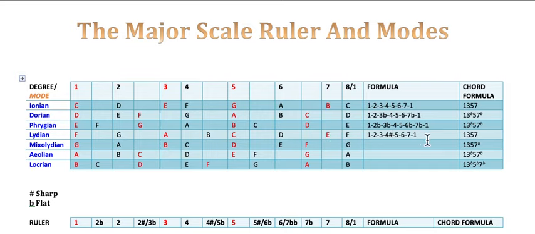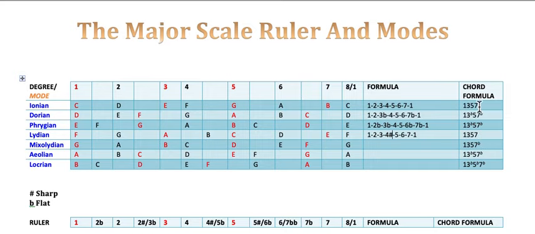So this is the formula for the Lydian mode, F Lydian mode, or any Lydian mode. These formulas are generic. Any Lydian mode, we are deriving them using the C major scale. And the tetrad that you're going to get there is 1, 3, 5, and 7.